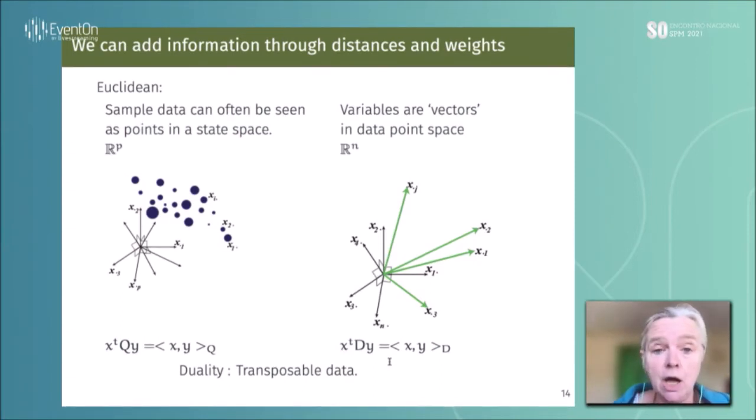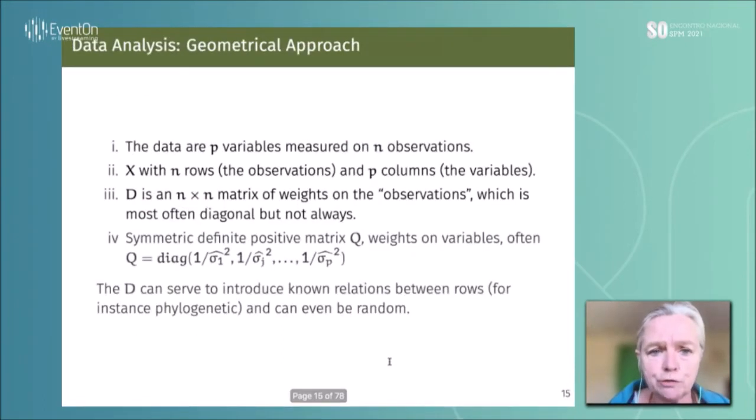And as I said earlier, the number of features is actually so large that you could say, I had an infinite number of features and I drew the features at random. And so this duality is a useful way. I'd say that the data are variables measured on n observations, and we have n rows and p columns, and the columns are the features. And we have a matrix of weights on the observations. It might have to do with some prior knowledge about how they're connected or how trustworthy the results are.